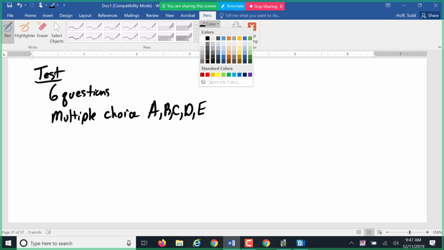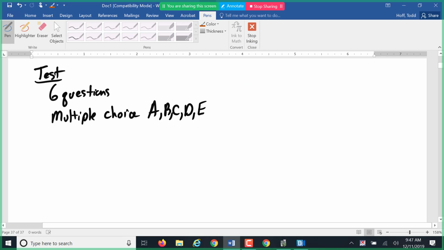How many different combinations of answers are there? Well, you have 6 questions. 1, 2, 3, 4, 5, 6. So we have to look at the possibilities for each of those 6 questions. Well, there are 5 choices for each question, A, B, C, D, or E. So question 1 has 5 possible answers. Question 2 has 5. 3 has 5. Each of them has 5 possible answers.